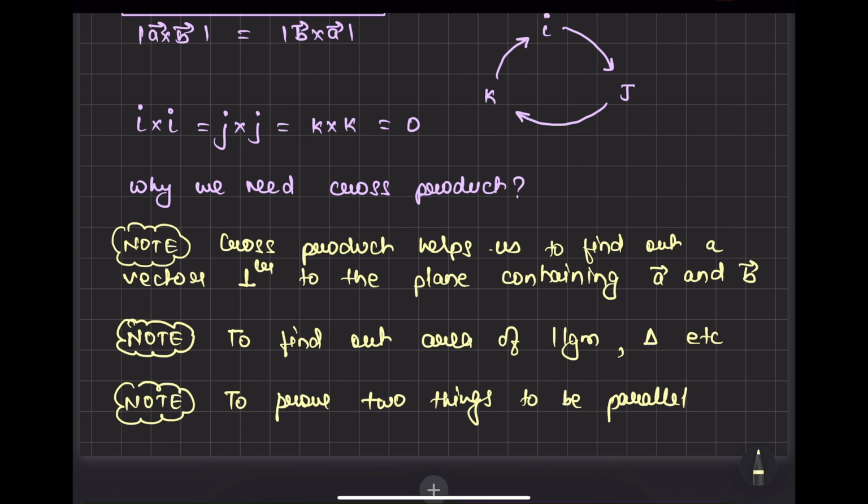Two vectors to be parallel, two lines to be parallel, two planes to be parallel. So under these scenarios, you need to take help of cross product. Now try to understand how we will get area.